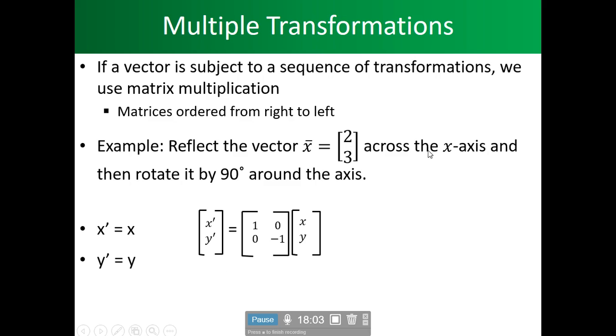The 2 will stay the same, we're still going to move the same distance on the x-axis, but we're now going to flip it around the x-axis, so the y will turn negative. This would be (2, -3), and when you multiply this, that's what you get. So right here, this is representing the negative y.